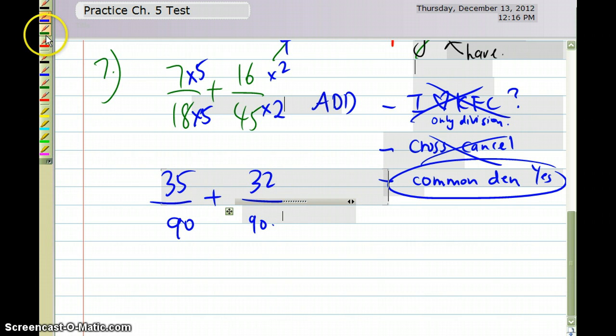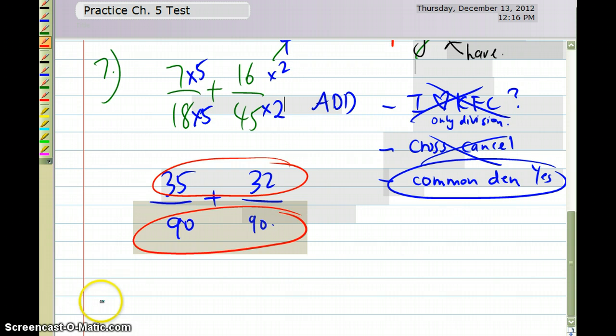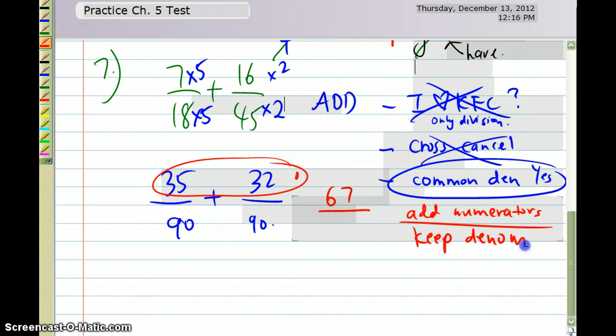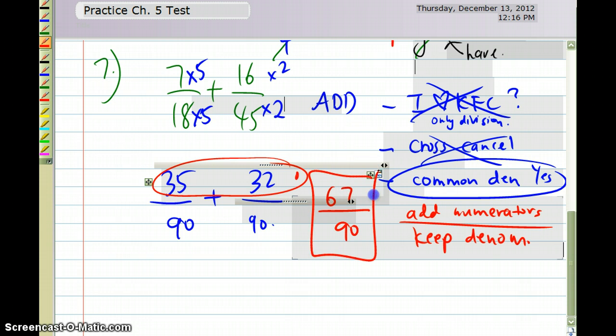When I add fractions, should I add all of the numerators and all of the denominators? No. I only want to add the numerators, getting 67, and then keep your denominators. So add the numerators, but keep your denominator, and get 90. So this fraction would be my answer, A.